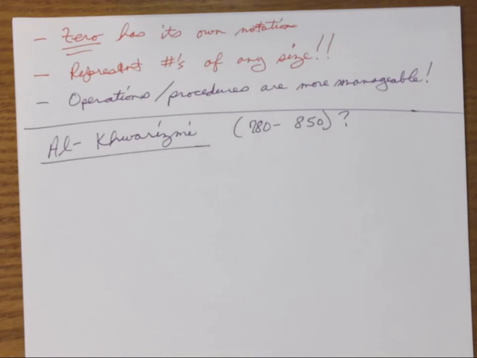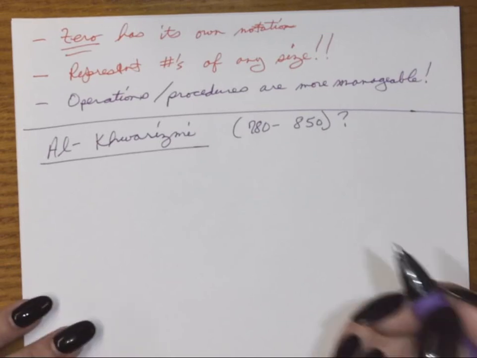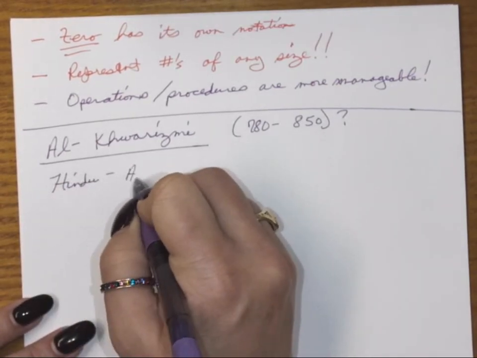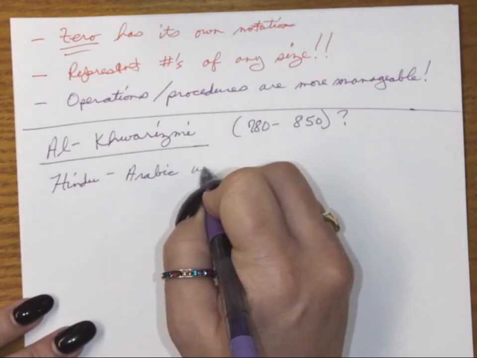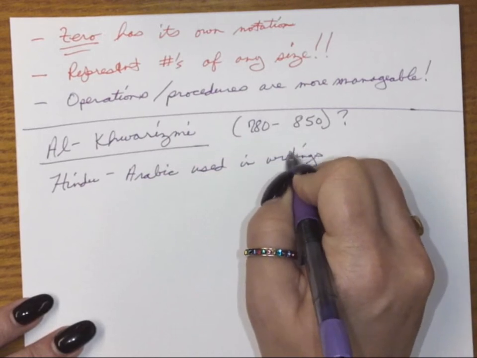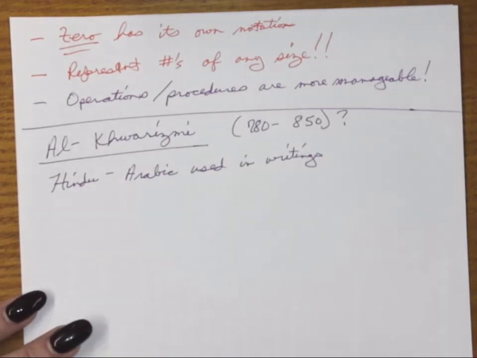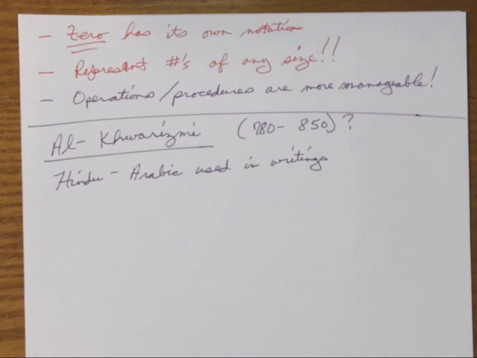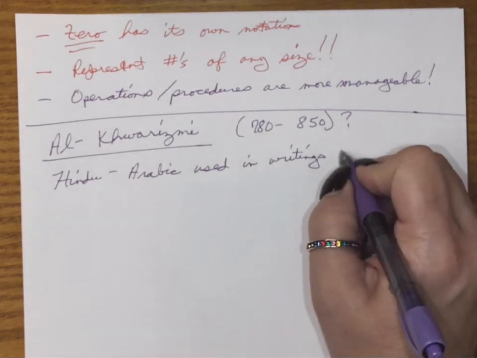Okay, so his dates are 780 to 850. He used Hindu numerals, so the Hindu Arabic numbers for sure. We see that in his writing. So he's one of the first ones that we see actually writing things and doing some more modernized math and using these numbers to do it.